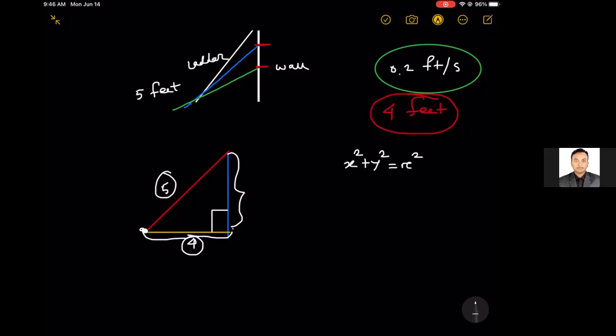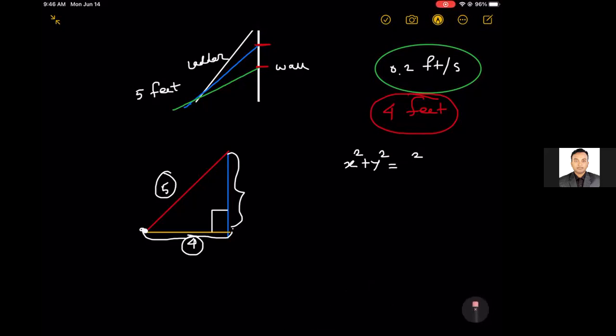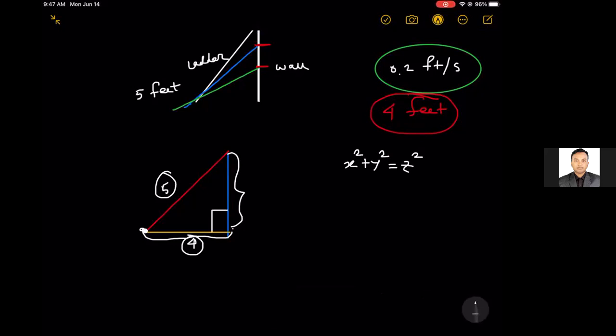I shouldn't write r squared though, because r often signifies the radius. Let us use another variable. Let's say z squared. And why am I using this? Because I can't really see anything else which could be a resemblance of this. Only the right triangle looks pretty similar.